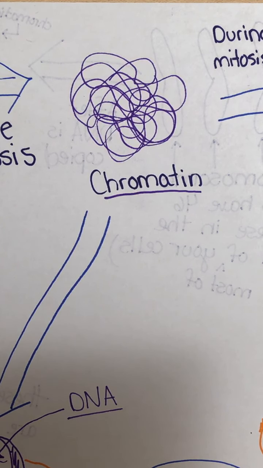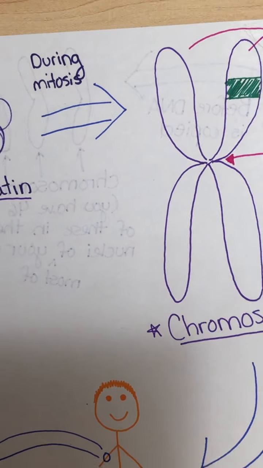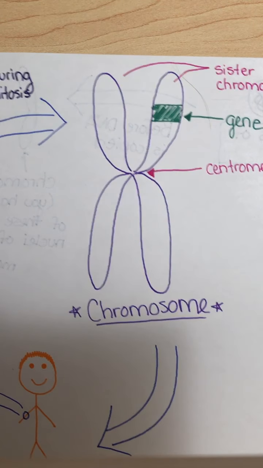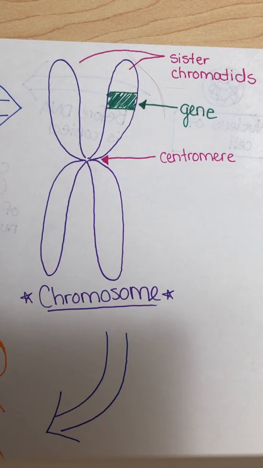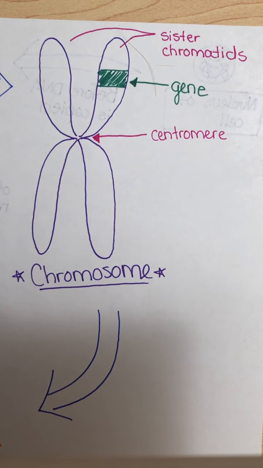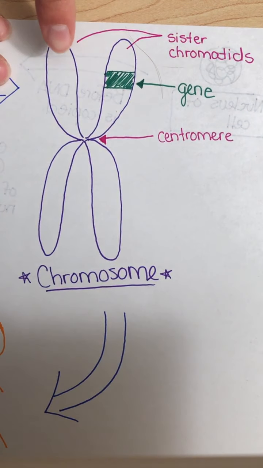But like I said, during interphase, when your DNA makes copies, or when your cells make copies of that DNA, your DNA starts to become a little bit more organized into what is called a chromosome, okay? So this is a chromosome. Here we have one sister, what's called a sister chromatid.